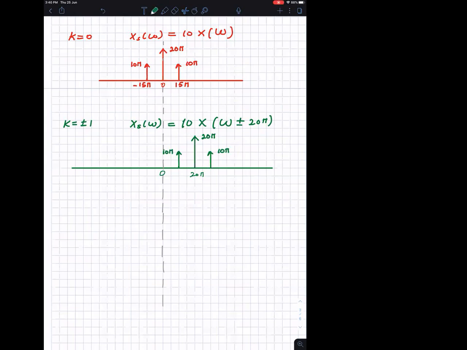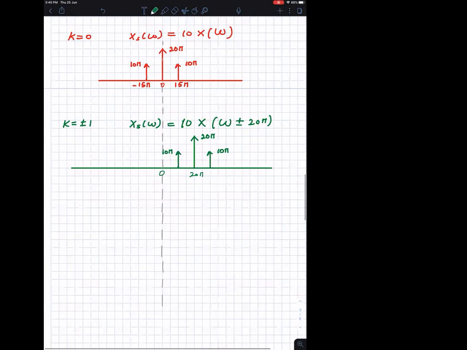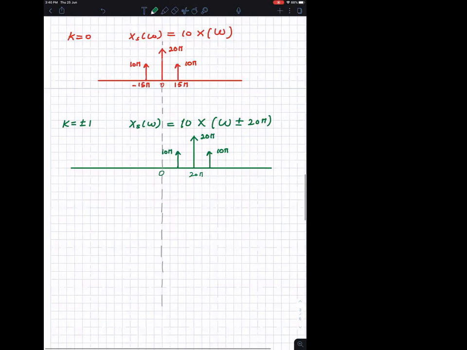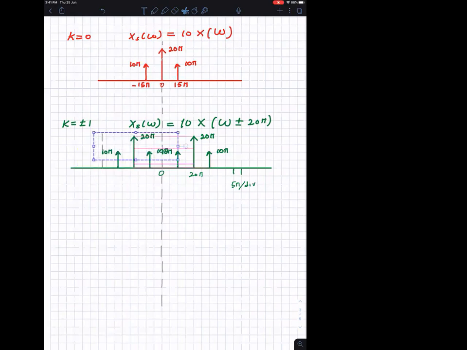So each division here is 5 pi per division. So this signal is also going to be replicated at minus 20 pi.